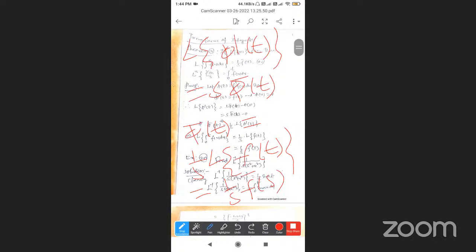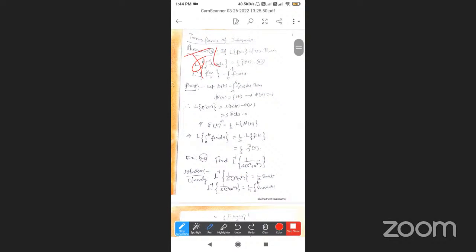So phi bar of t is equal to 1 by s into f bar of s, which is f bar of s by s. Phi bar of t is the Laplace transform of phi of t. So the Laplace transform of the integral from 0 to t of f of u du is equal to f bar of s by s. So we got the result.